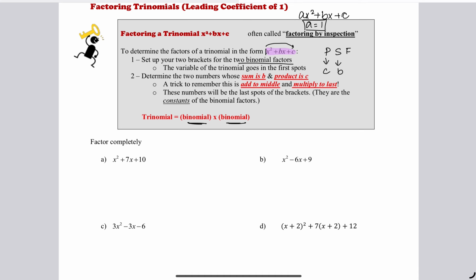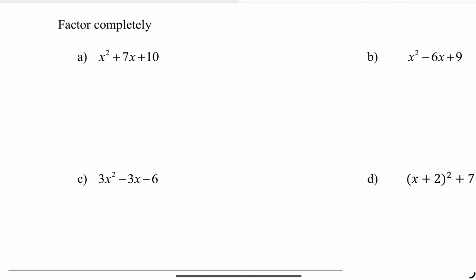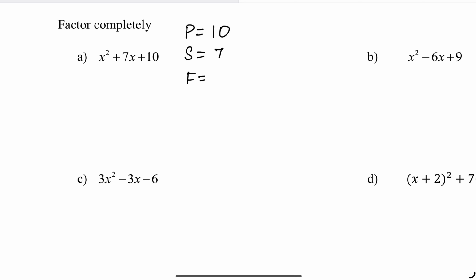Okay, let's try the first question here. Your product is 10 and your sum is 7. What are the two numbers that multiply to give 10 and add to give 7? 5 and 2, right? So it'll just be (x + 5)(x + 2).